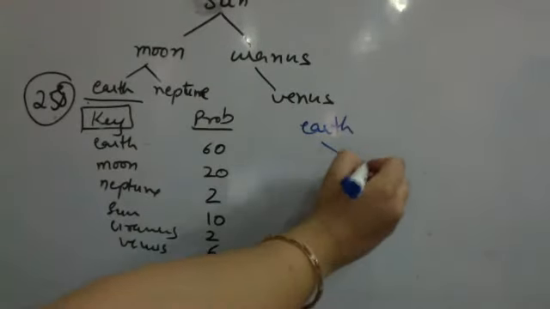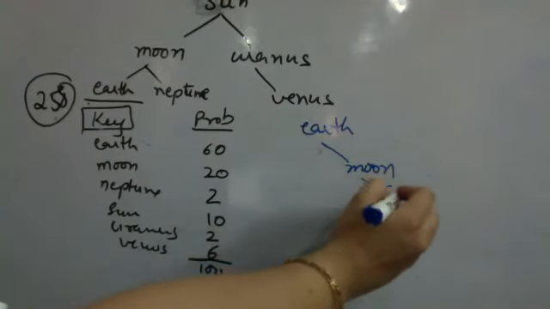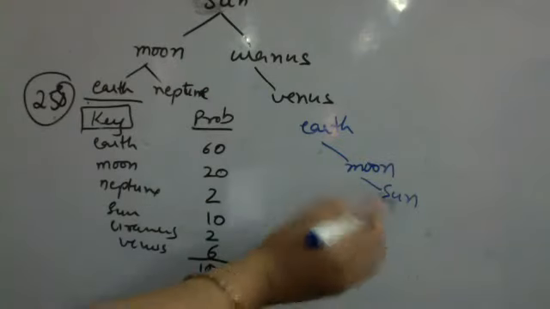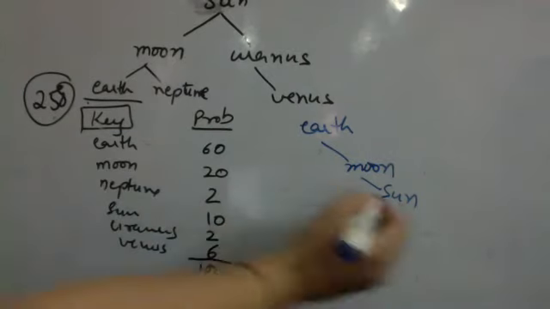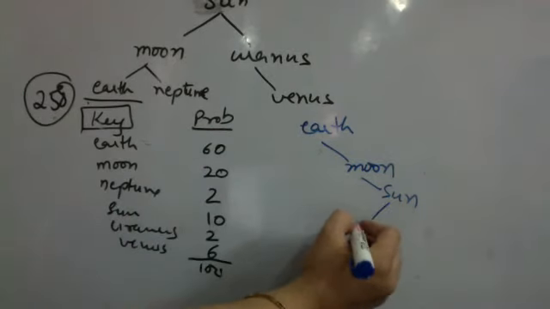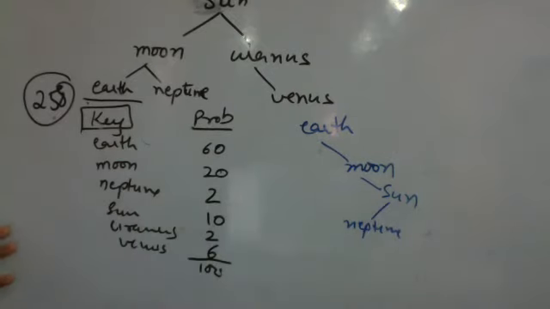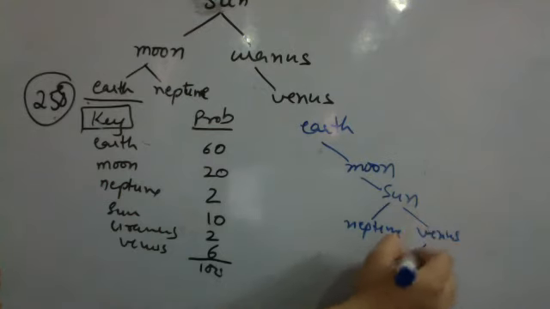I'm taking Moon at the next level, and Sun at this level. Since Sun is coming here, Moon cannot have a left child. Sun will have Neptune as the left child, and then I'm left with Uranus and Venus. Supposedly I'm taking Venus over here, so Uranus is left at the last level.